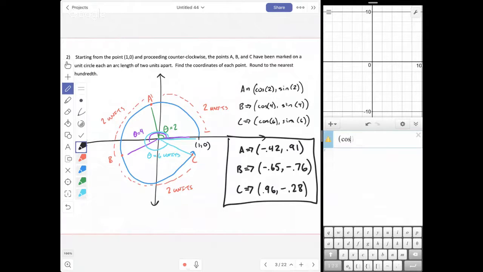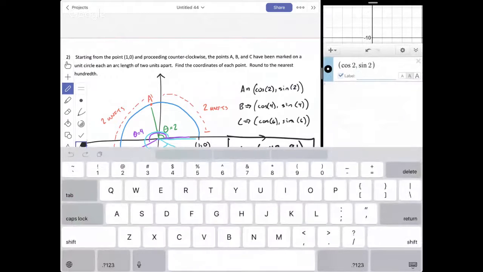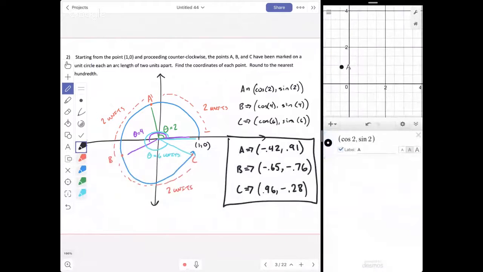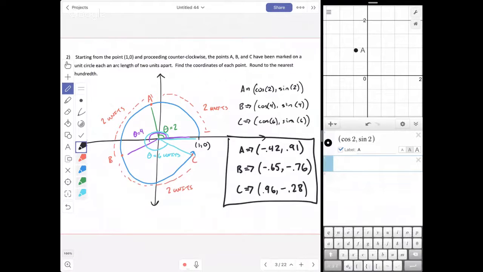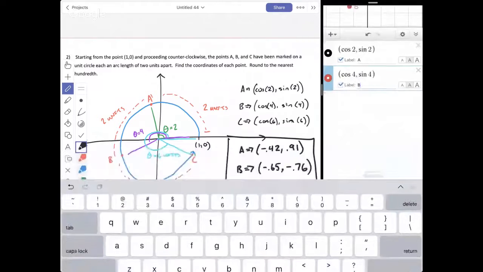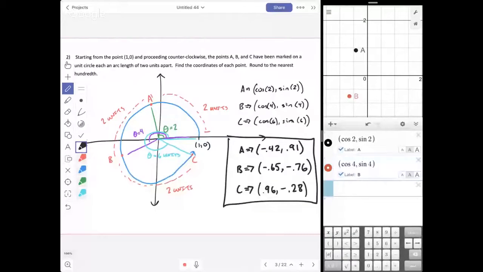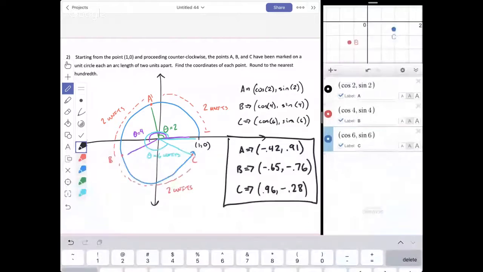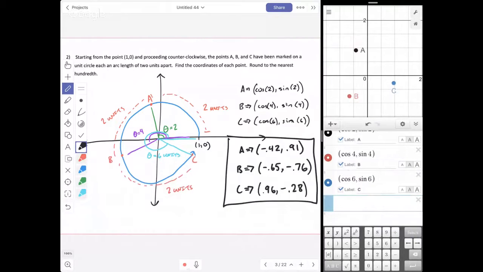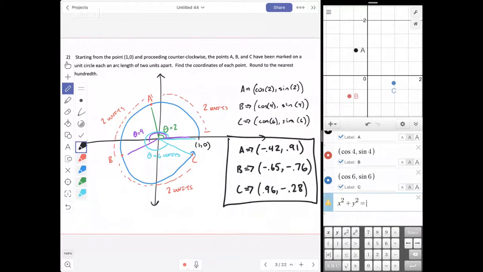If I graph the point (cosine 2, sine 2) and label it point A, the point (cosine 4, sine 4) and label it point B, and the point (cosine 6, sine 6) and label it point C, we can see rather clearly that all of those points are on the unit circle, that circle.